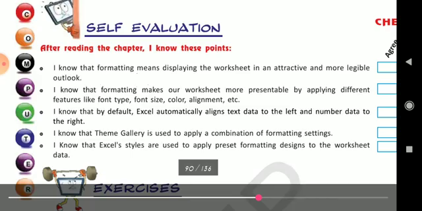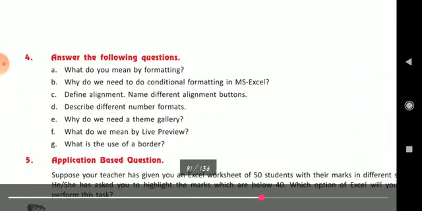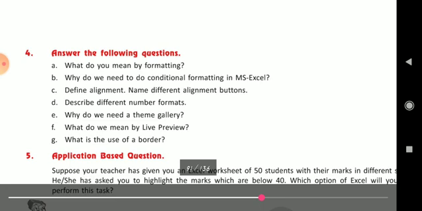Second question. Why do we need to do conditional formatting in MS Excel? So why do we need conditional formatting? While our cell data meets some specified conditions, if there is any condition to satisfy, we use conditional formatting. Okay?